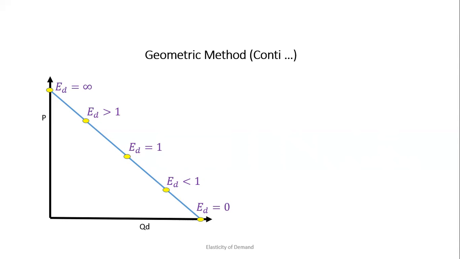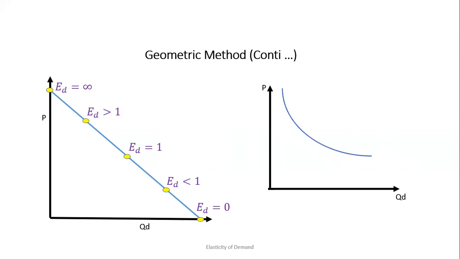However, if the demand curve is non-linear, that is, instead of a straight line, if it is a curve, then to measure elasticity at a point, we draw a tangent that touches both axes and touches the demand curve at this particular point. Now we apply the same formula on this tangent as shown here.